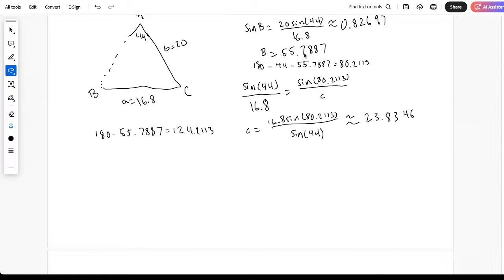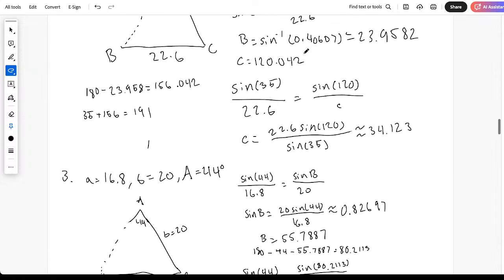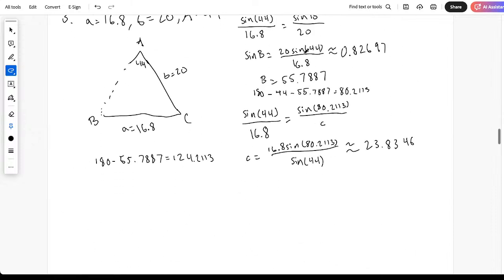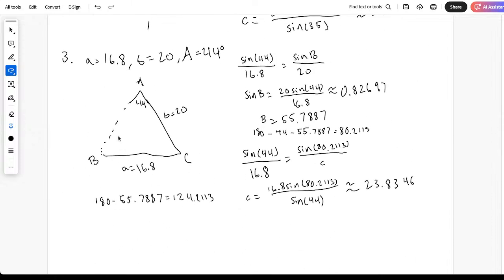Okay. And then we add it to the original angle that we had. So 124.2113 plus 44.